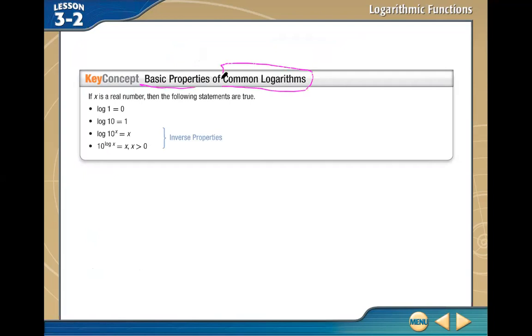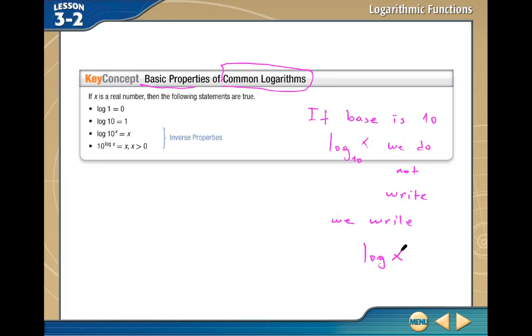What does common logarithm mean? Common logarithm means the base is 10. If the base is 10, logarithm of x to base 10, we do not write the base, we write log x.